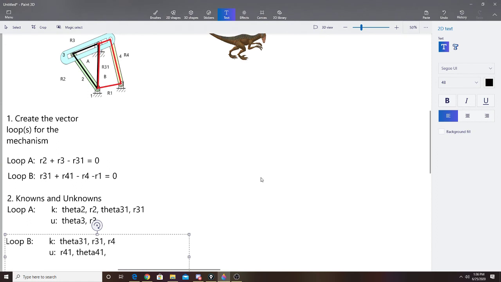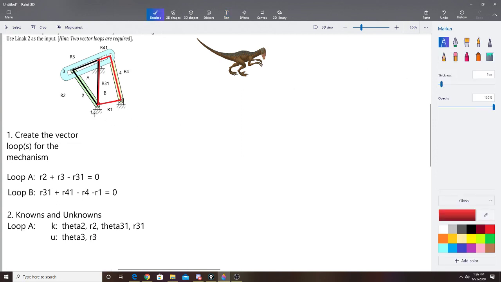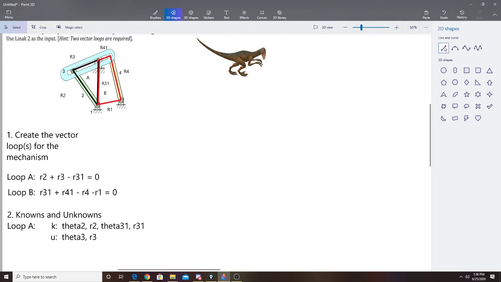The answer to that question is no. It will definitely not, because as this thing pulls this way and straightens out, this angle for R4 will open up or close, depending. So we have theta 4, right? And now we have one last one right here, which is R1. What do we do with R1s in general? We like to draw our coordinate system.